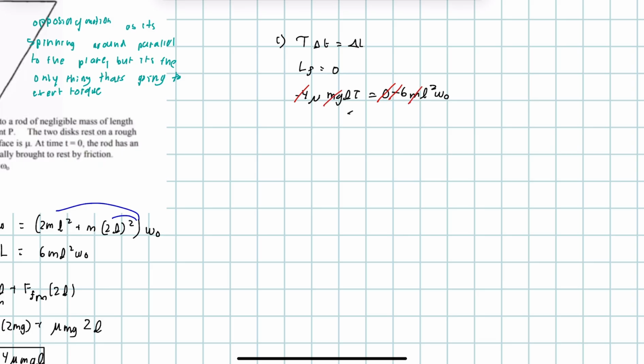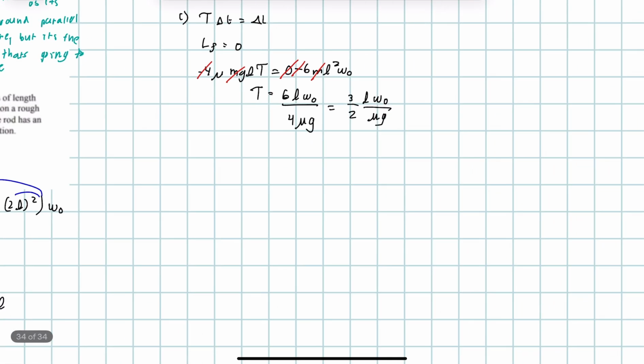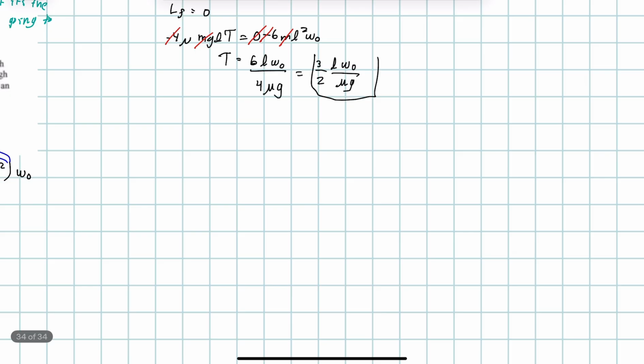That's going to equal 6L W initial over 4 mu g, which simplifies to 3 over 2 times L W initial over mu g. And that's going to be your answer.